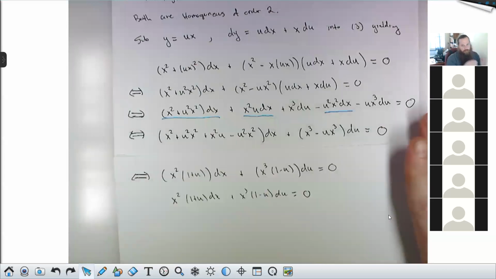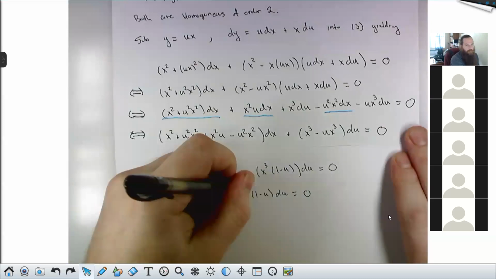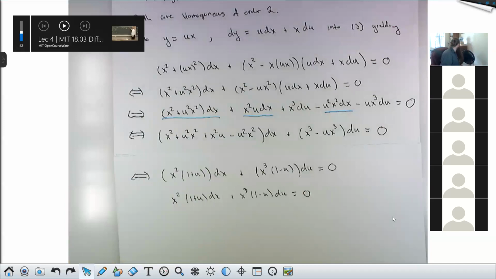And then you stare at this until you see what method to use. Remember what we said at the start of this section. After we make our substitutions, what are we hoping to do? Well, I mean to solve.